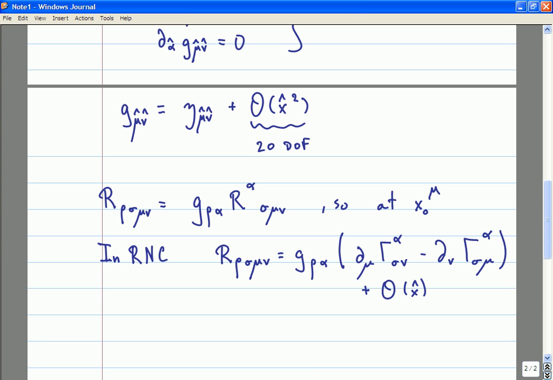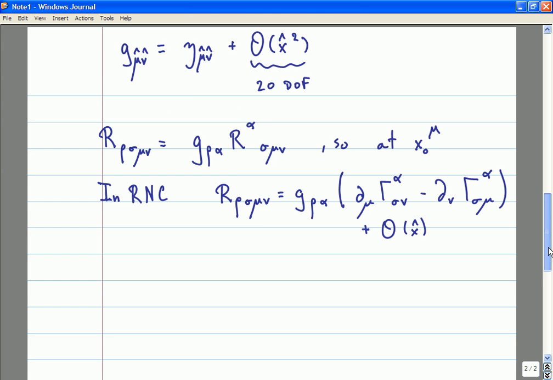If they did, the Riemann curvature would be equal to 0, space-time would be flat, and the metric could just be set equal to a constant everywhere by a judicious choice of coordinates. Is that clear? I see one or two confused-looking faces. Any questions? Okay, good. So let's work this out a little more explicitly.